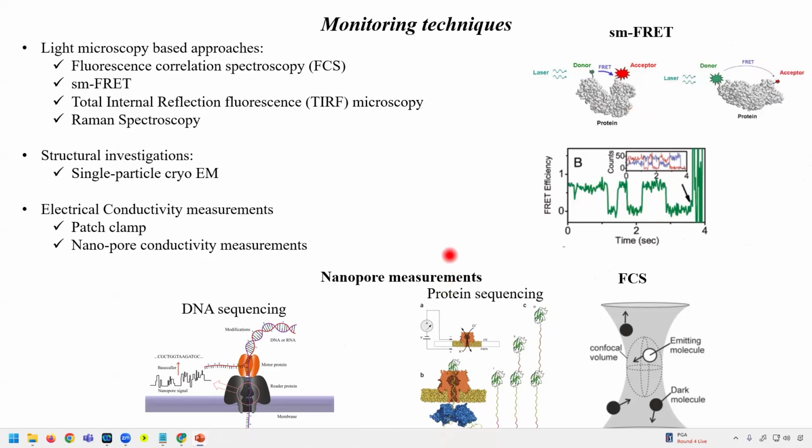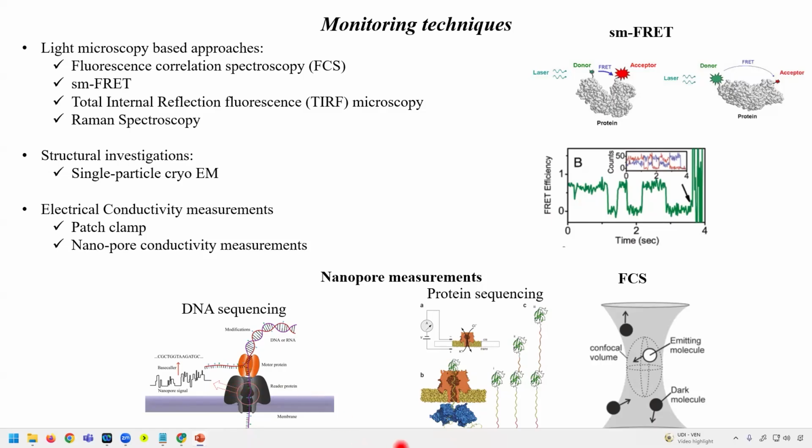Similarly, as I told you, one of the first examples is DNA sequencing, right? Now you can measure what is called the conductivity of individual DNAs. You have one DNA molecule going through, and you have only 4 bases in DNA, right? A, T, G, C. Each of the bases will have different electrical conductivity.